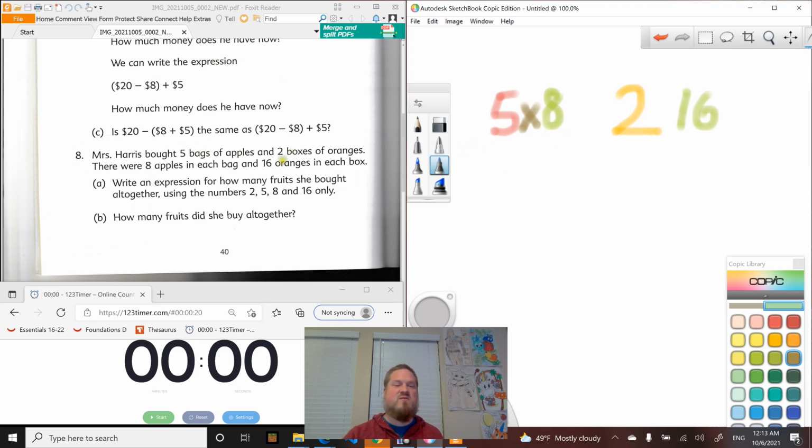And if we have 2 boxes of oranges and 16 oranges in each box, that's also a multiplication problem. 2 boxes times 16 oranges per box. We want to know how many there are altogether, so we're going to have a plus, but we need to put this expression in parentheses so we can evaluate it separately. And we need to put this expression in parentheses so we can evaluate it separately.